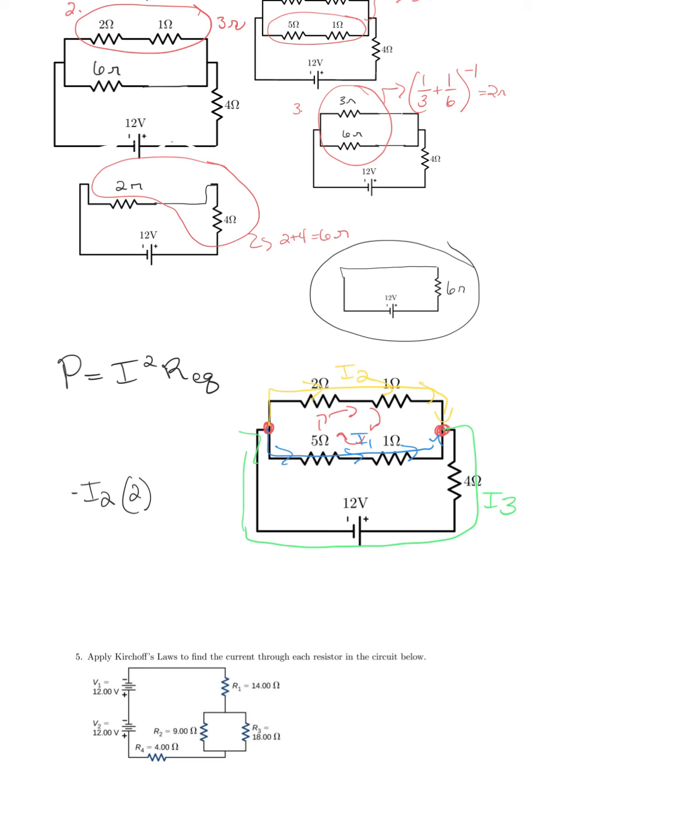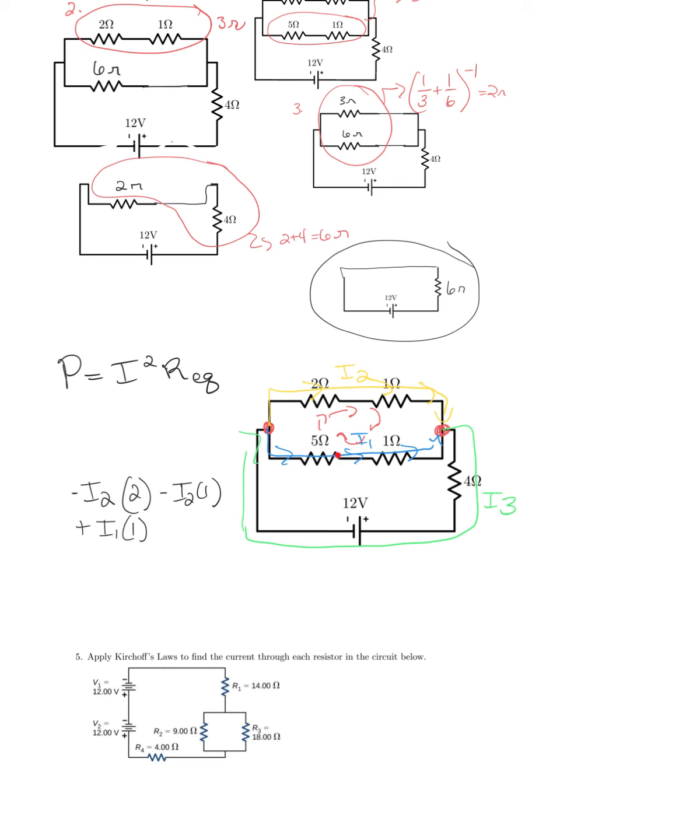Then we keep going around and hit our 1 ohm resistor, where our current is going the same direction, so we subtract again: minus I2 times 1. As we continue around our closed loop, we hit a 1 ohm resistor where our current is going in the opposite direction of our loop, so we add the voltage here: plus I1 times 1.